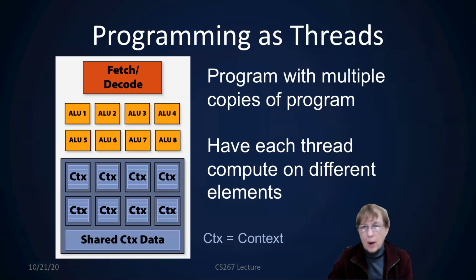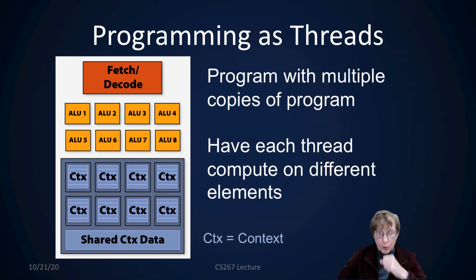So now that was a version of the code, but it's a terribly inefficient version of the code because it's using our little wimpy single ALUs on that GPU without really using any parallelism at all. So if we want parallelism, we need to go back and think about this programming model. And unlike the SIMD execution model that you used on the CPUs, we're really going to think of this as having a thread associated with each one of these ALUs.